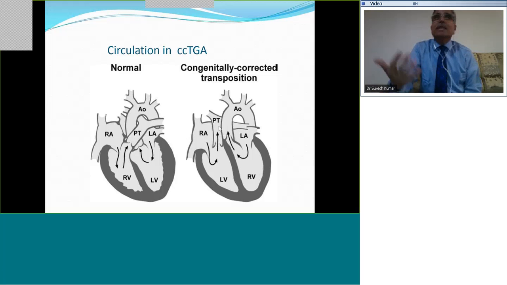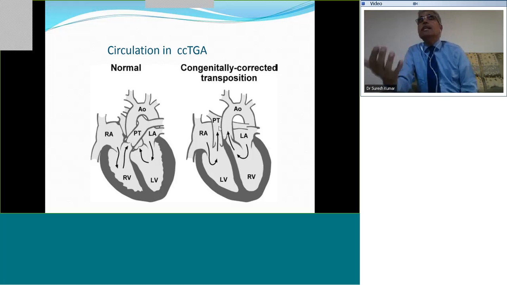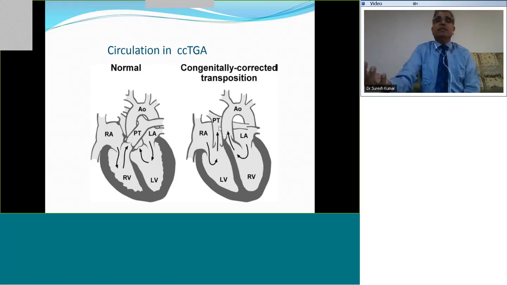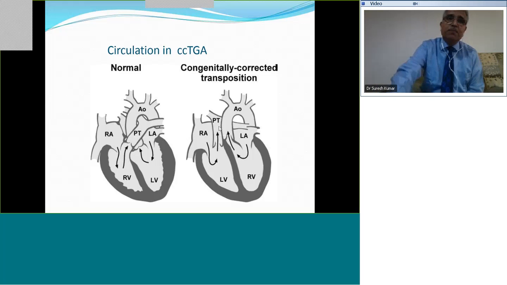And that anatomic right ventricle is connected to the morphologic left atrium receiving the pulmonary veins. So it is AV discordance. And this is the double discordance, atrioventricular discordance and ventriculo-arterial discordance. Physiologically, there's nothing wrong in the circulation in this condition.